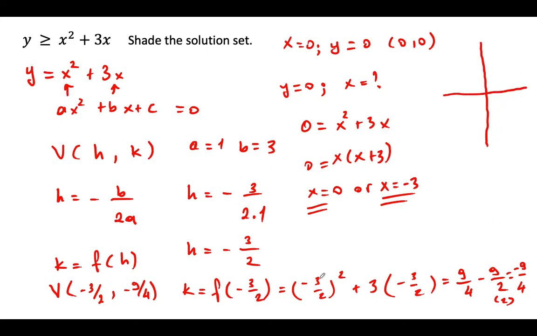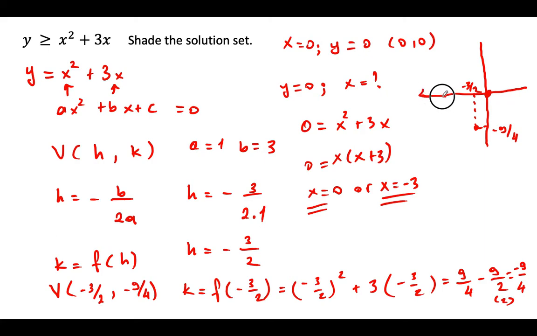Now the vertex is negative 3 over 2, let's say approximately here, and negative 9 over 4, let's say here. So this is negative 9 over 4, and this is negative 3 over 2. And then the function is passing through x is 0, and the function is passing through x is negative 3.